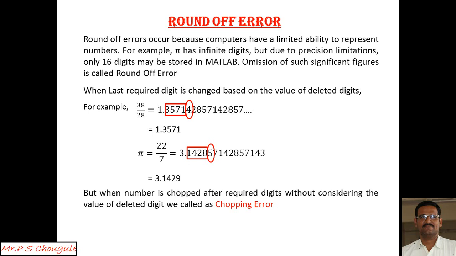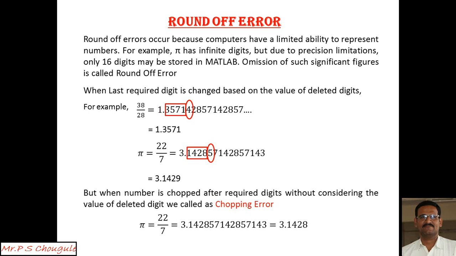If you do so, then we call it chopping error. For example, in this case, if I want this number up to 4 digits, then simply chop from 8, and you will get this value.